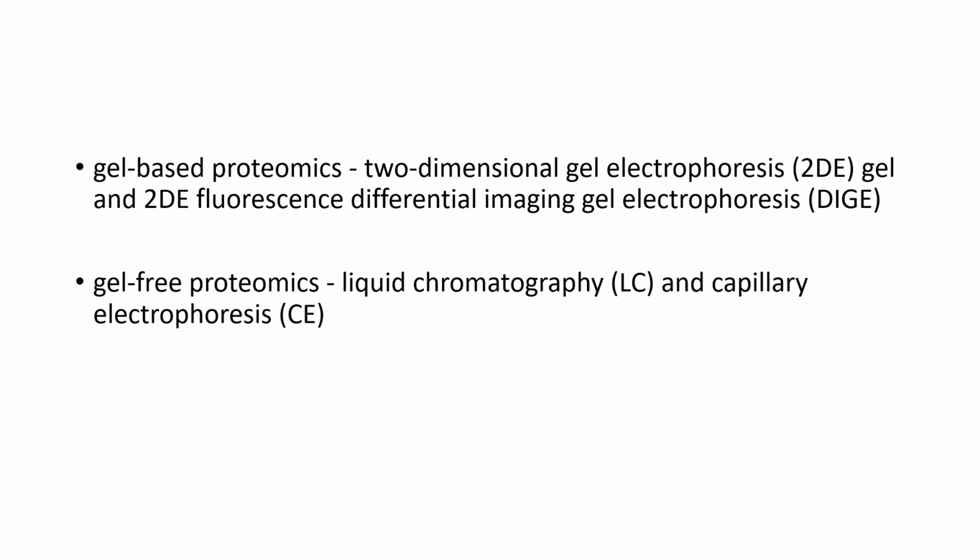Both gel-based proteomics, including the two-dimensional gel electrophoresis, also known as 2DE gel, and the 2DE fluorescence differential imaging gel electrophoresis, DIGE, and the gel-free proteomics, such as liquid chromatography and capillary electrophoresis, are useful methods to identify proteins.